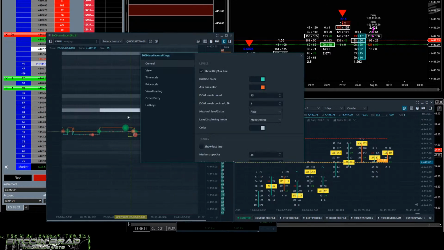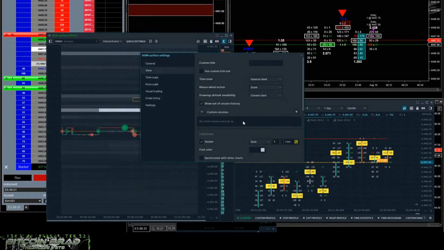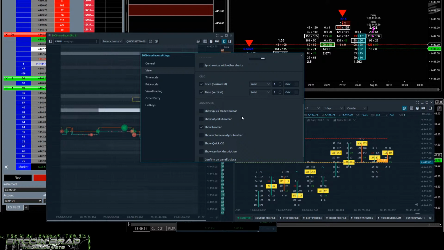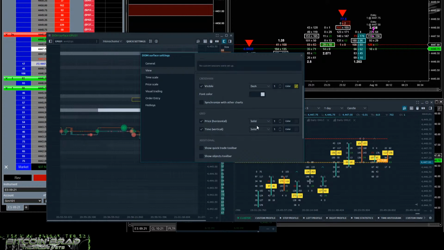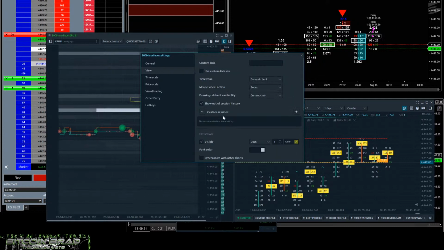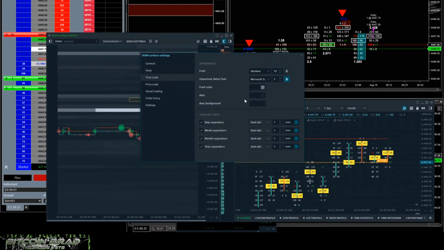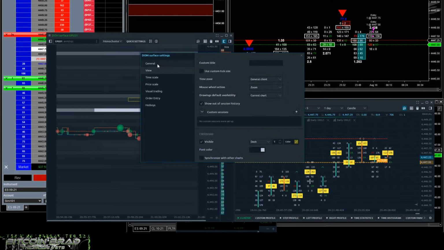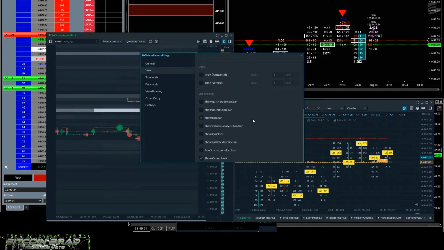Maybe if we switch this background, we can switch it. Grid, price, horizontal. Grids are on there. We can change the color of the time scale. You would think there would be an ability to change the color to black on here or something like that.